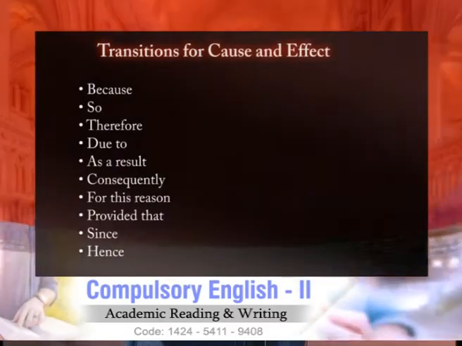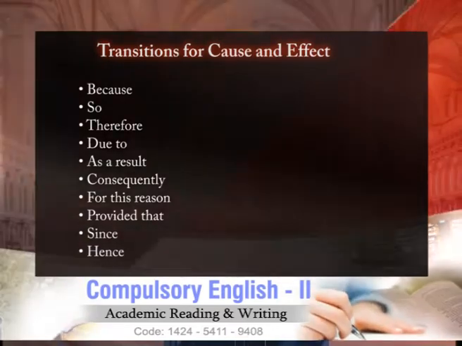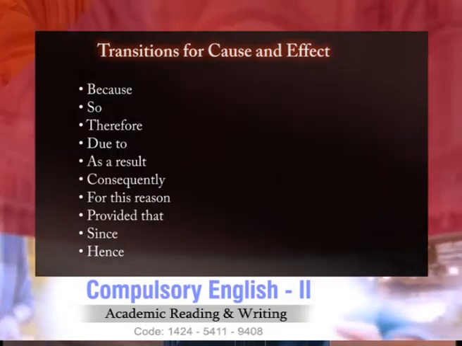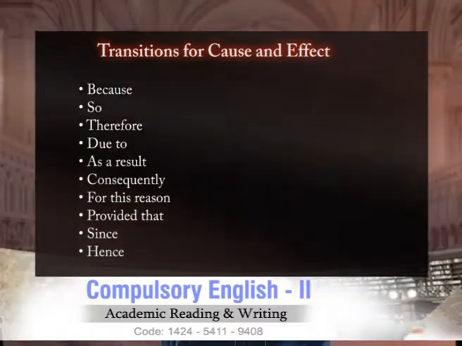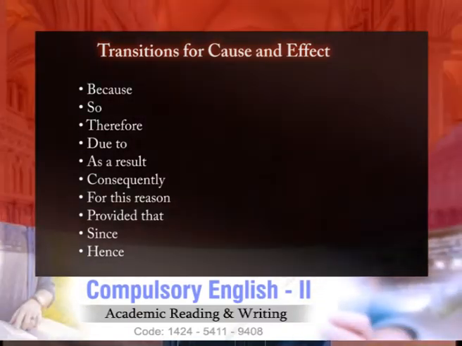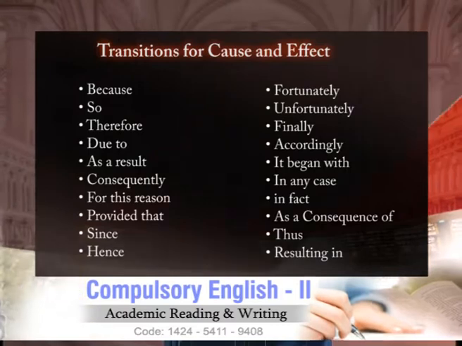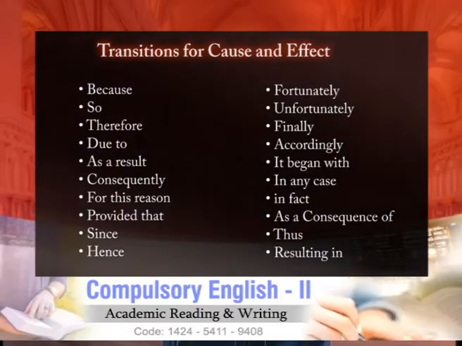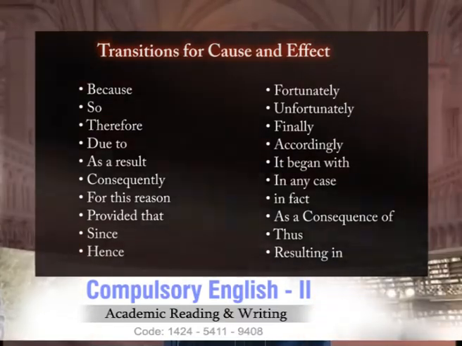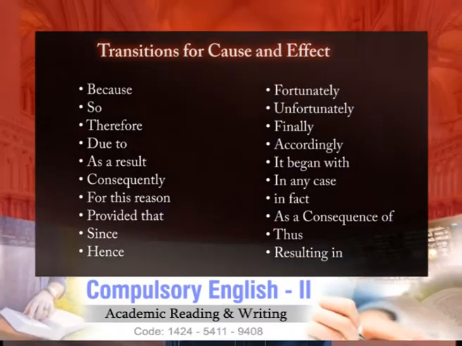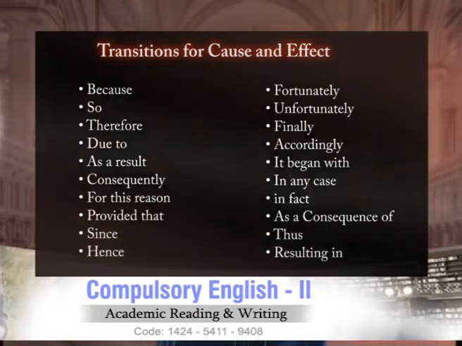It starts with because, so, therefore, due to, as a result, consequently, for this reason, provided that, since, hence, fortunately, unfortunately, finally, accordingly, it began with, in any case, in fact, as a consequence of, thus, and resulting in.